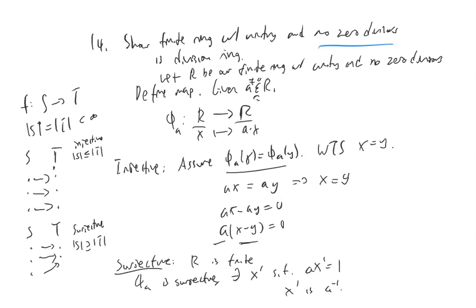So the idea to take away is that multiplication by an element in R permutes elements in R. It just swaps them around. Everyone clear on this?